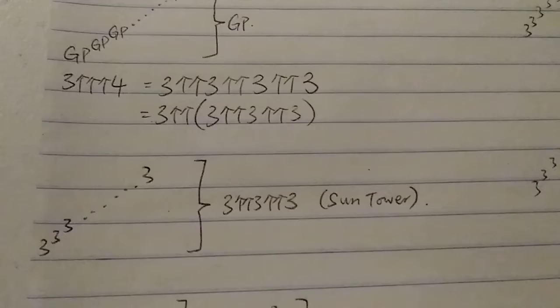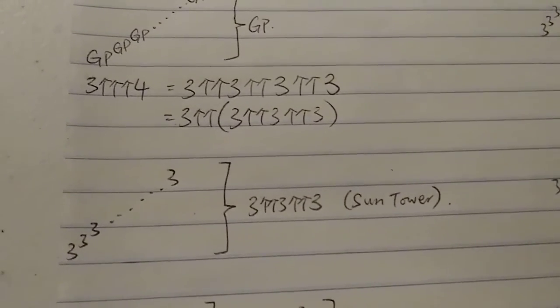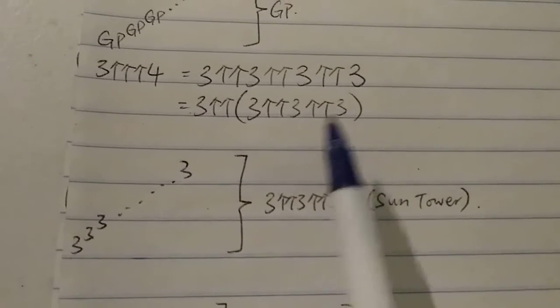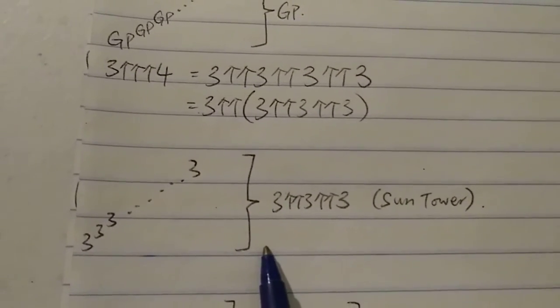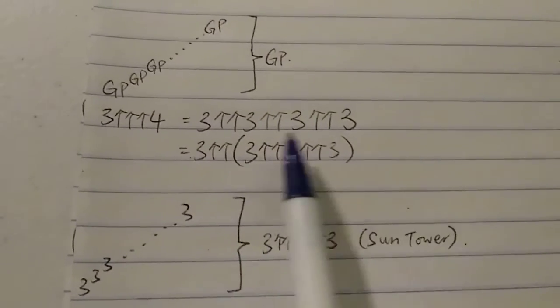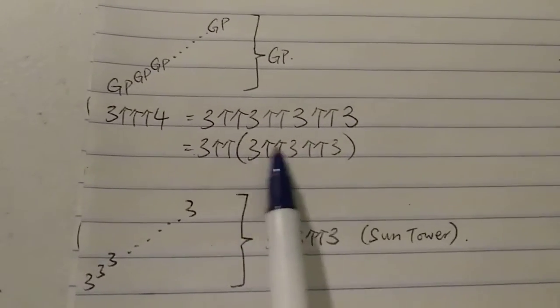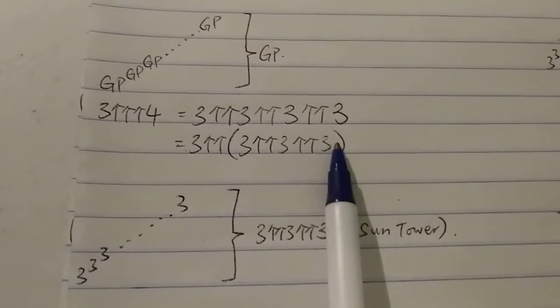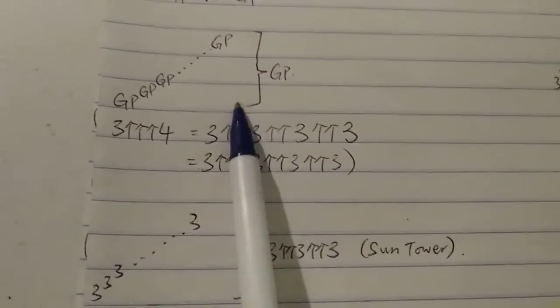Of course it's pretty famous, you can check out my other videos on that. Again, double arrow just means a power tower this high, and the number behind it indicates the number of levels, or the height of the tower.